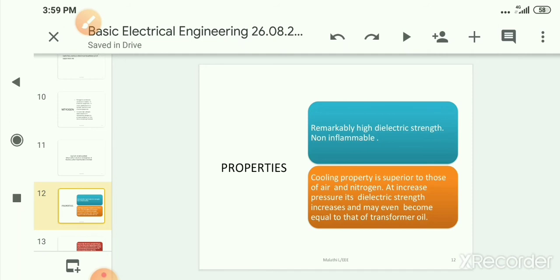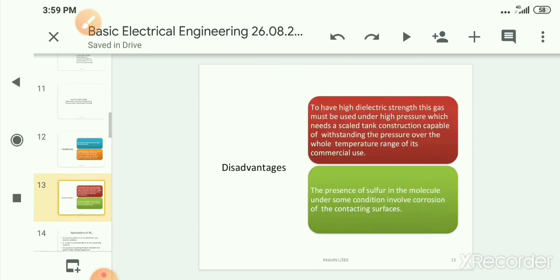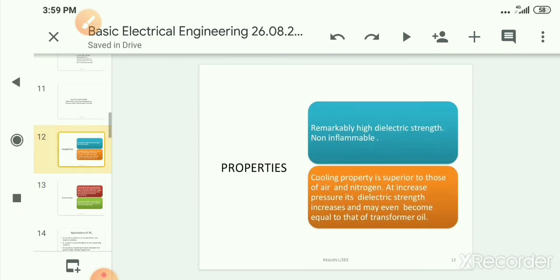This is the third point compared with air, and it has a high degree of chemical stability at atmospheric pressure and at temperatures up to about 100 degrees centigrade. It is an electronegative gas and has a strong tendency to absorb free electrons.